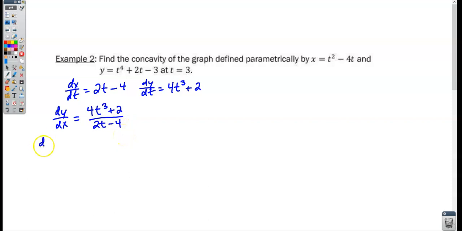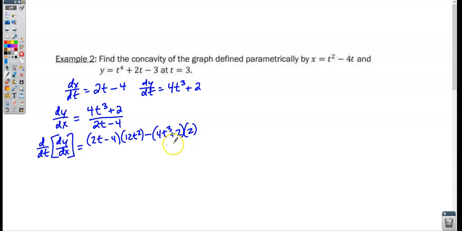Now I'm going to go ahead and find the derivative of that with respect to t. And we're going to need to use the quotient rule. So we've got low times the derivative of high minus high times the derivative of low. We'll square the bottom.